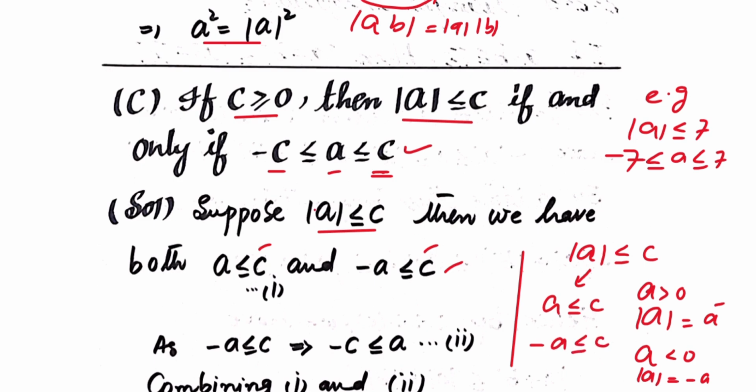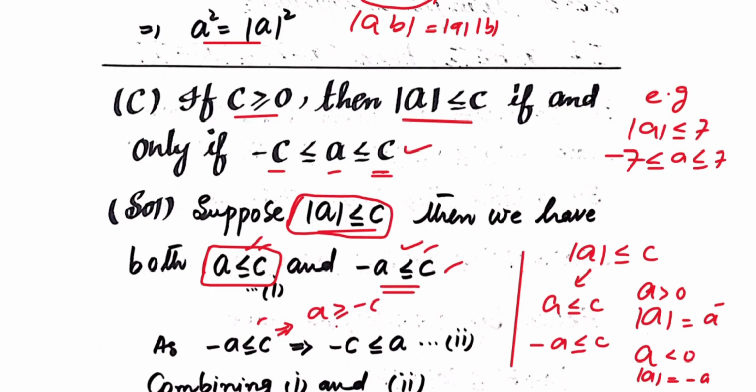So from this, we have these two inequalities: A less than or equal to C and minus A less than or equal to C. Say this is my inequality number 1. I further can write minus A less than or equal to C by multiplying both sides with a minus sign. When we multiply an inequality with a negative, the sign of the inequality changes.